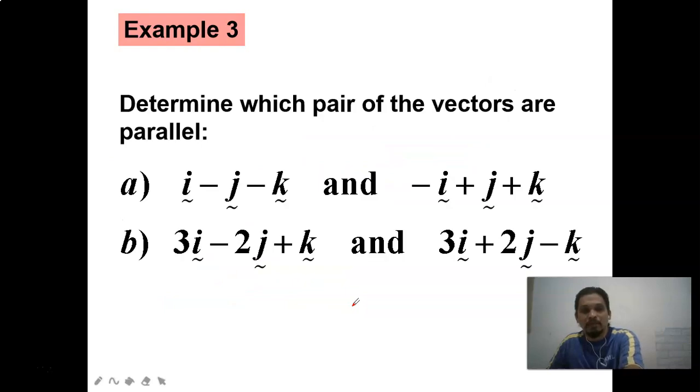Determine which pairs of vectors are parallel. Okay, now for question A, look at this one here now.